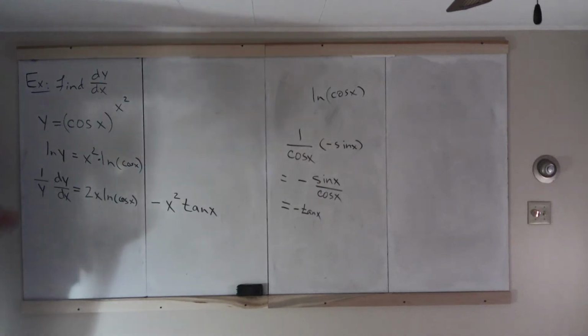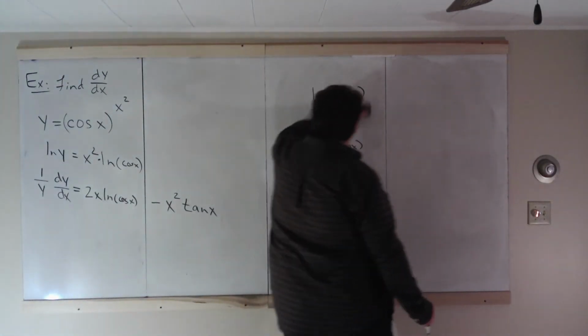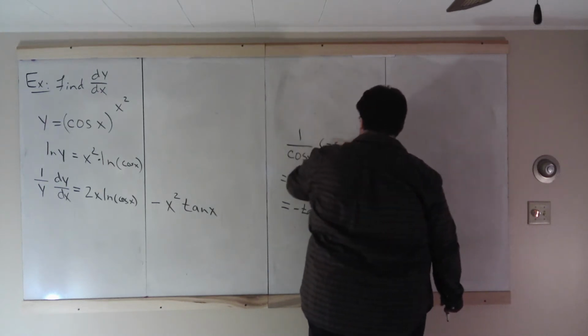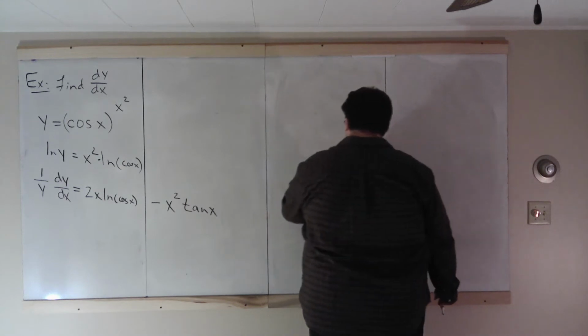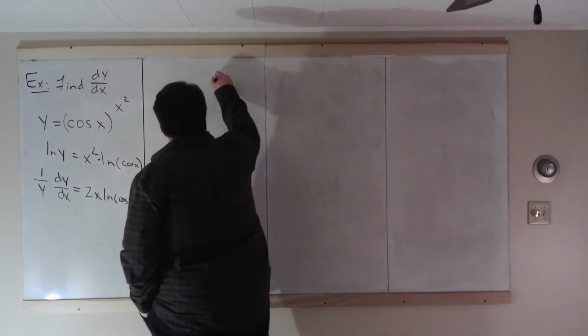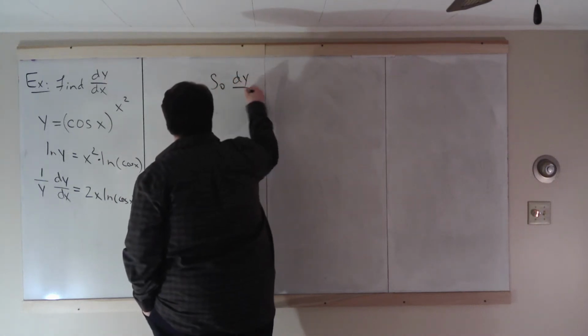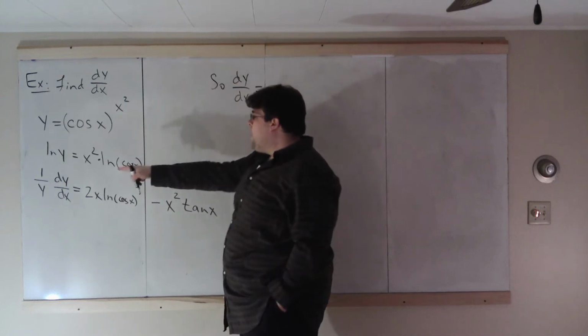Well, now we just need to solve for dy dx, and I'm going to do that in one step also. Meaning I'm going to multiply by y and then replace y with that. So dy dx equals, what does it equal? Well, it equals y times all of this.